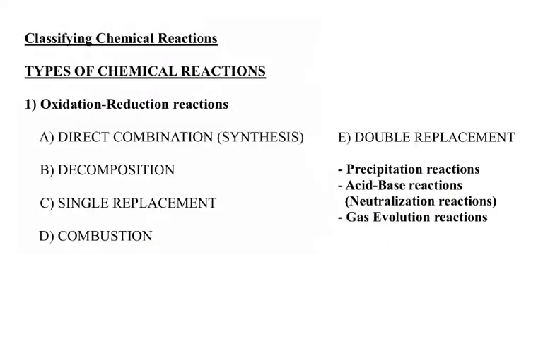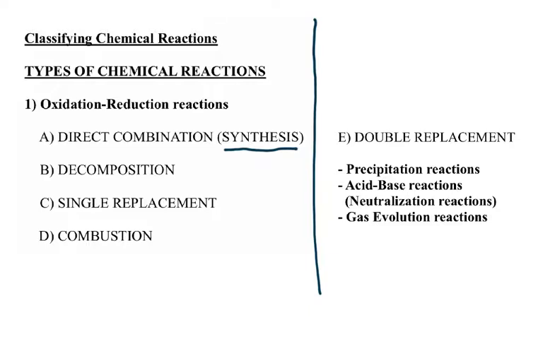If you look here, we're going to subdivide the 5 reactions into 2 categories. So we're going to go ahead and split it like this. Direct combination is also known as synthesis. Decomposition, single replacement, or combustion, these 4 that you see on the left here, fall under a category called oxidation-reduction reactions.